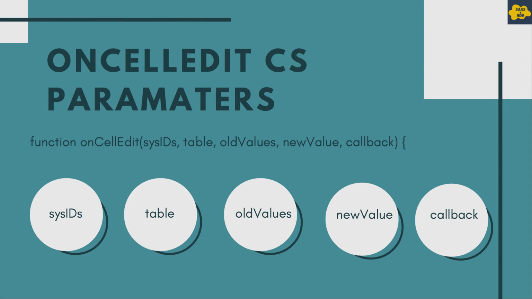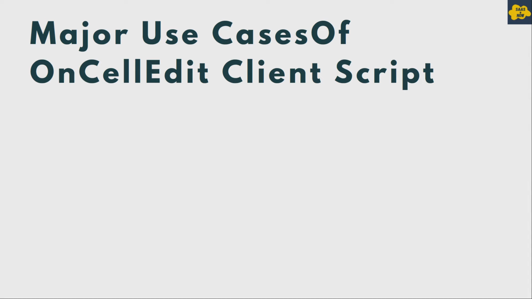And then we have newValue, which stores the new value of the field which was changed by the user. Then we have the callback parameter. Callback can be made true if you want to continue the execution of any other related CellEdit client script.